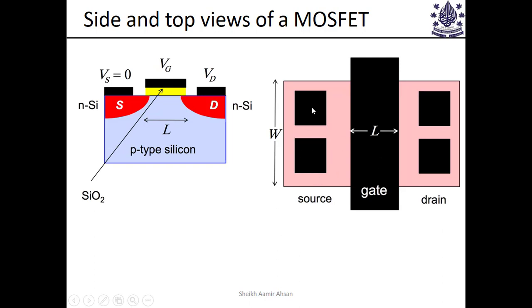Often there may be multiple source and drain contacts, to minimize the contact resistance, and this is the width of the device. The length of the device is what is underneath the gate, and that would be the channel length. So that is a little bit about the architecture, or the structure, of the MOSFET.